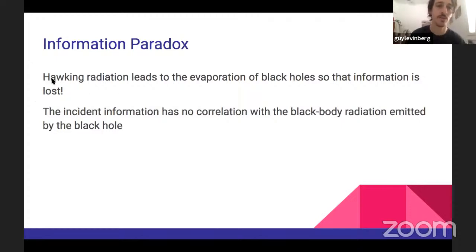So some paradoxes arise from this kind of observation. First of all, the reason you can't possibly detect this radiation is that if you plug in the regular mass of most black holes, you see that this temperature is less than a microkelvin, so it's undetectable for us now.